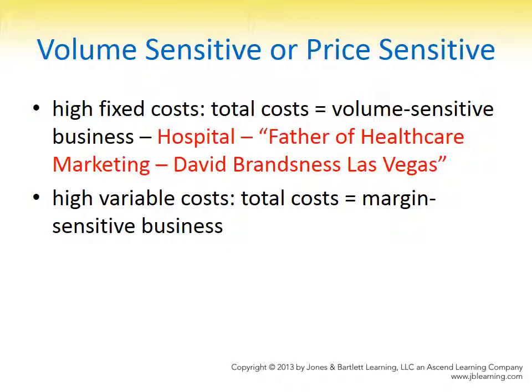So it's a variable cost because the plastic surgeon is buying OR time from the ambulatory surgery center on the margin. He's buying it at a variable rate. So his rates are low, but he's able to be very price sensitive. A hospital is a high fixed cost, volume sensitive business.